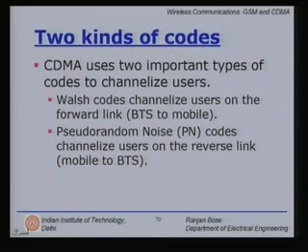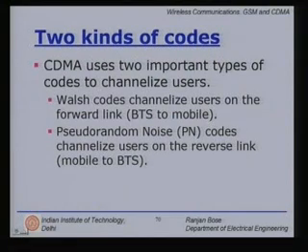Whereas PN codes channelize users on the reverse link, that is from the mobile to the base station. There we depend on the battery power, and we do not have the luxury of unlimited power. So therefore, you need to use two different kinds of codes based on the efficiency and performance. Walsh codes for the downlink or the forward link, PN codes for the uplink or the reverse link.